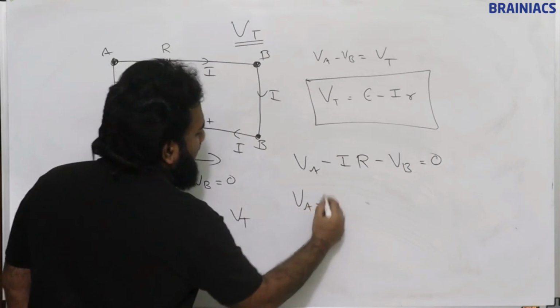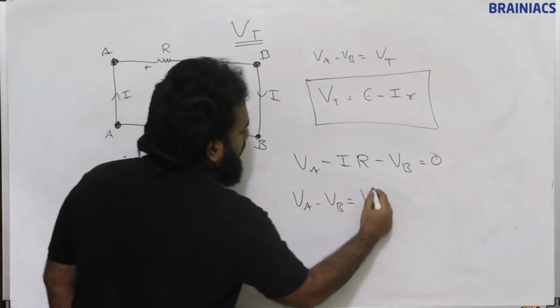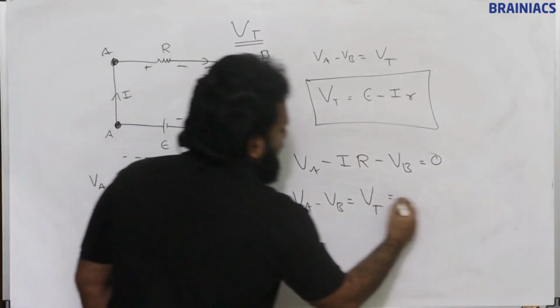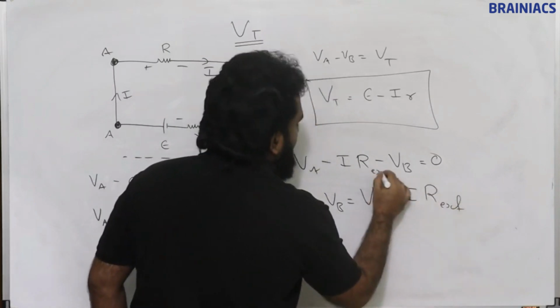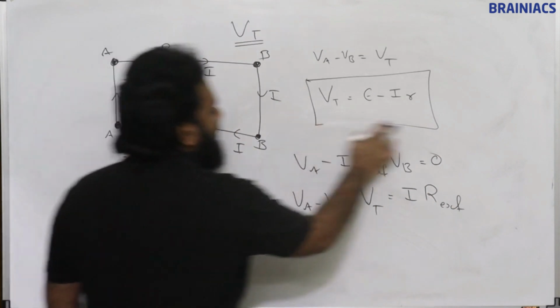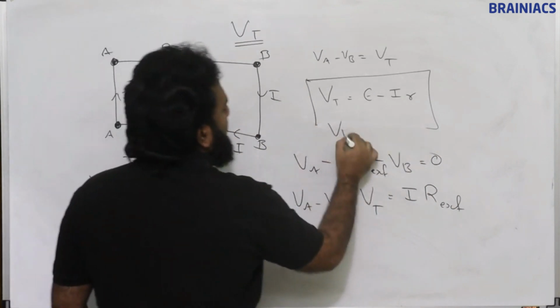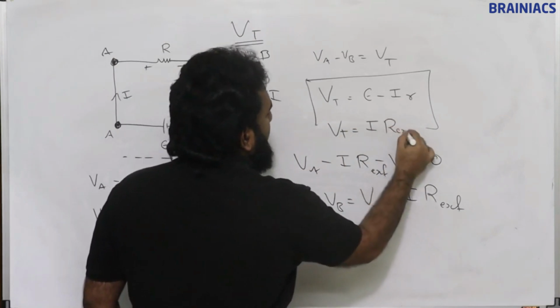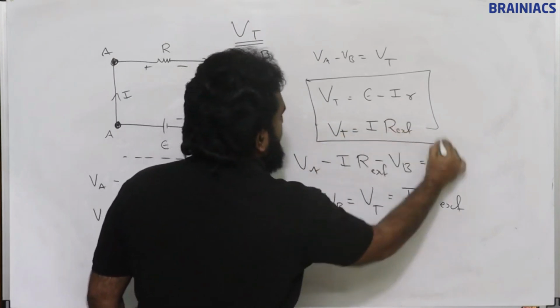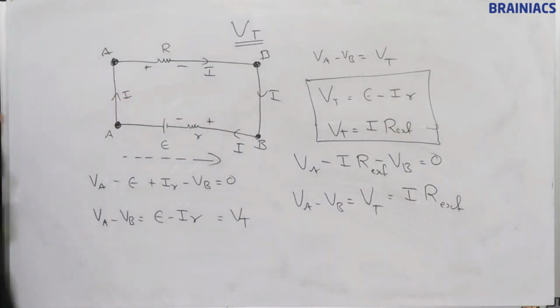So VA minus VB, the terminal potential difference, is equal to I into R external. So I have one more formula: terminal potential difference is nothing but current into R external. Clear?